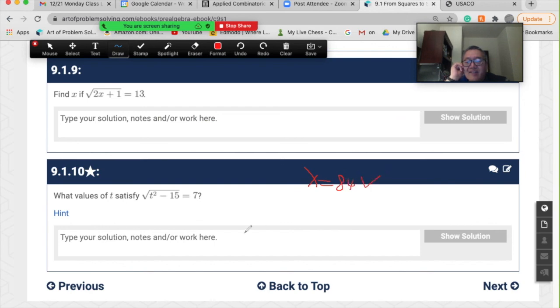Okay, so can you solve this number 10? Here they have a star, so that means this problem is a little bit harder. What value of t satisfies this equation equals 7?